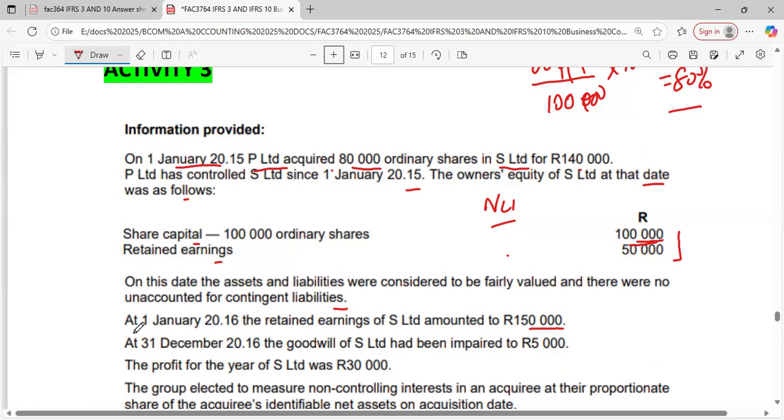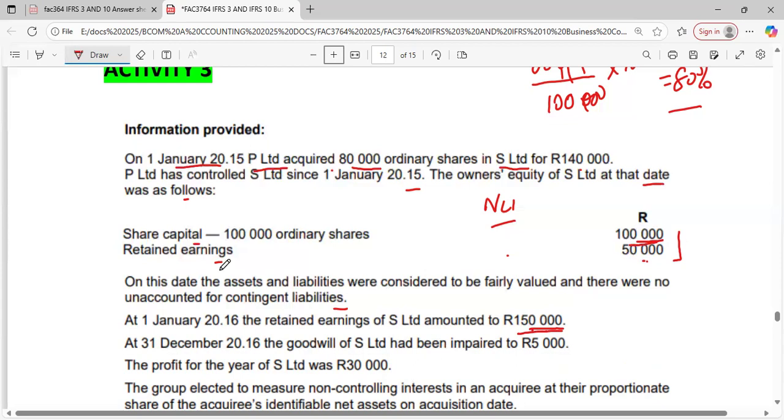It tells you that the retained earnings at 1 January 2016 amounted to 150. So the difference between the retained earnings at acquisition and the retained earnings at the beginning of the current year is the profit which was made since acquisition. This one does not form part of the equity at acquisition, but is now going to be shared between the subsidiary and the parent.